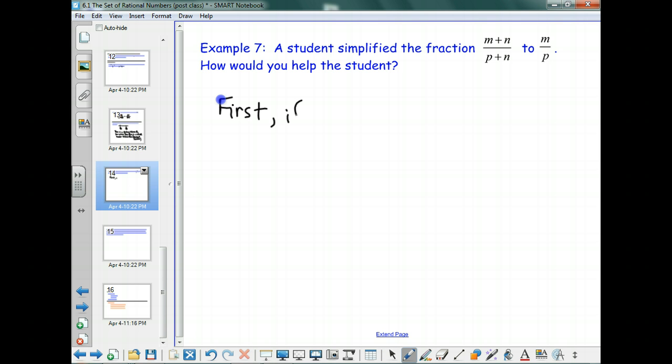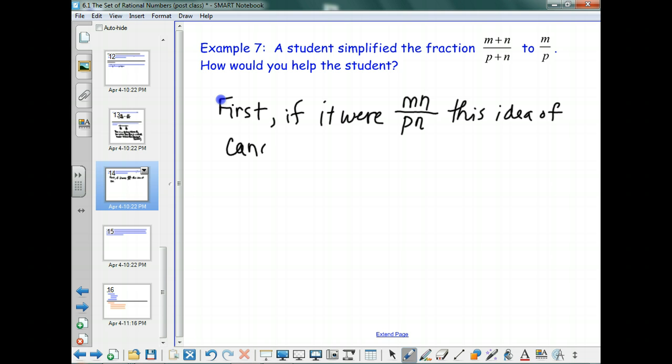First, if it were m times n, and you can put the dot between there, a multiplication sign if you prefer, and p times n, this idea of canceling would be correct.